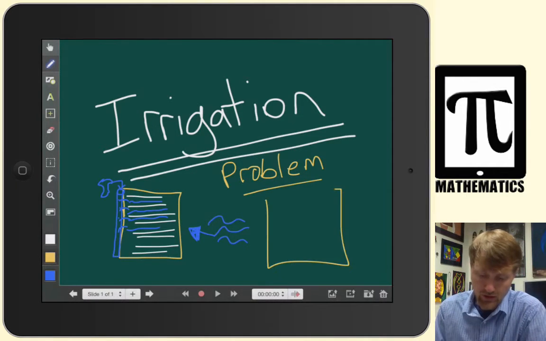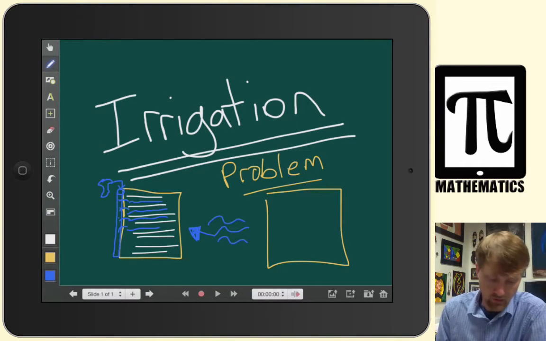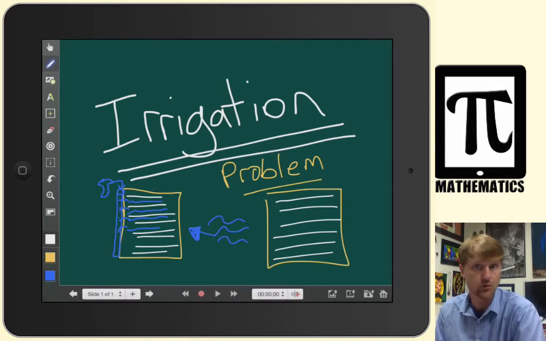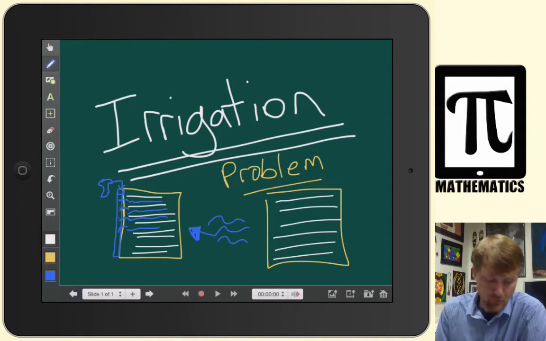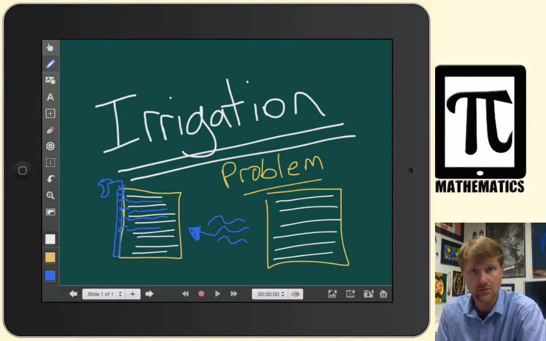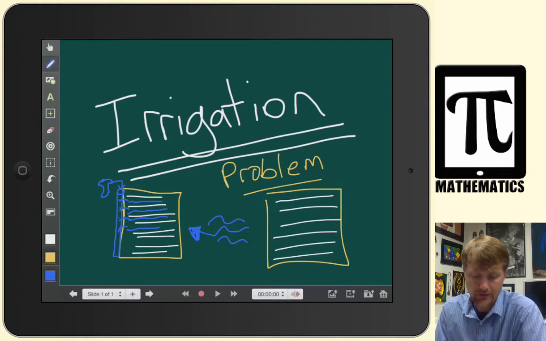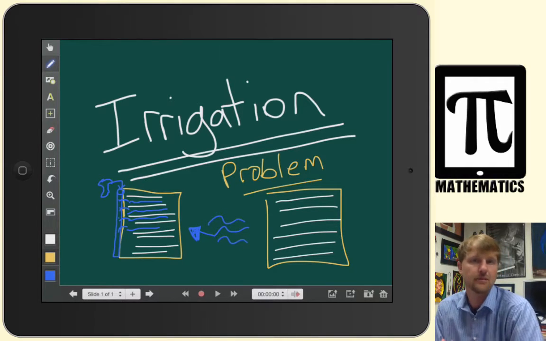Well, another way that you can irrigate your property, where you have some type of property, you have crop rows there, and you can do what's called a pivot. You can build a pivot, and they call it a center pivot typically because it pivots around the center point.